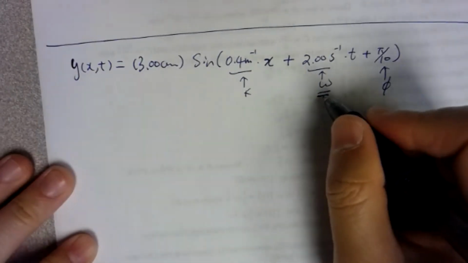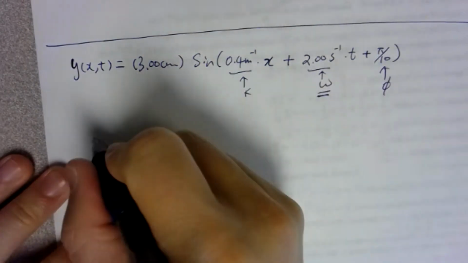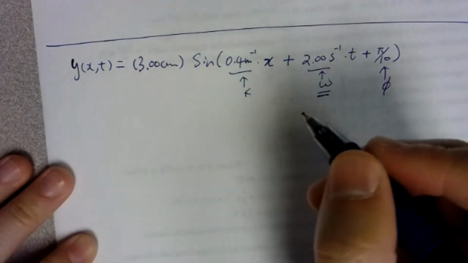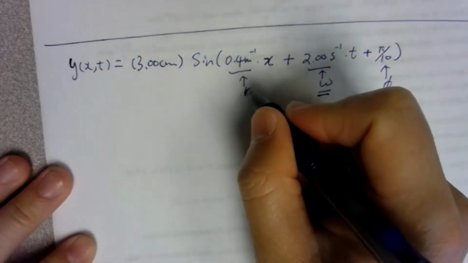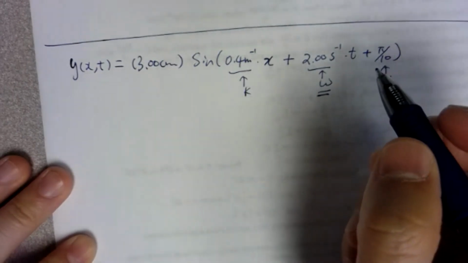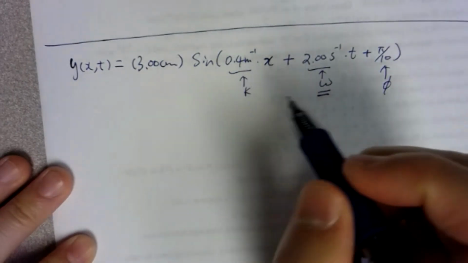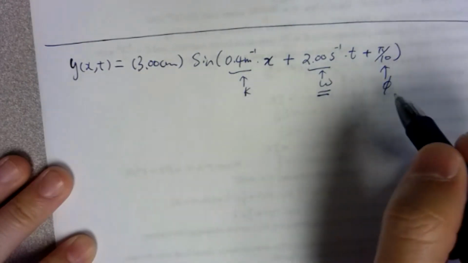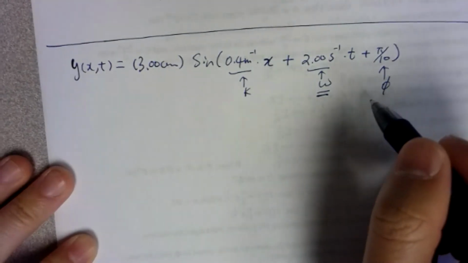If we have the frequency, you can calculate the angular frequency. The wavelength is related to the wave number. Once we have the frequency and wavelength, we can calculate the speed. And then the initial phase.